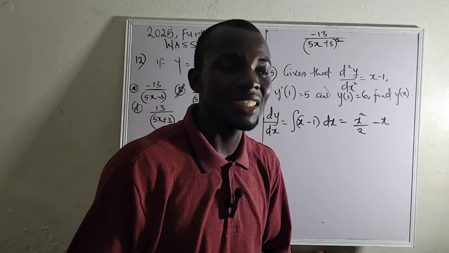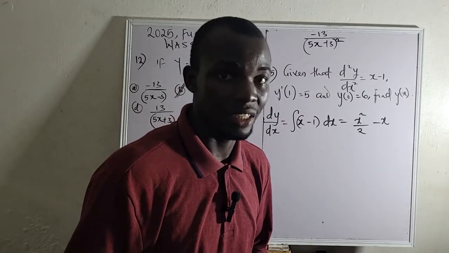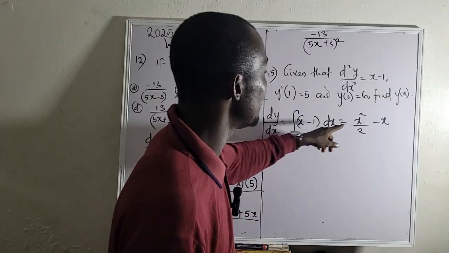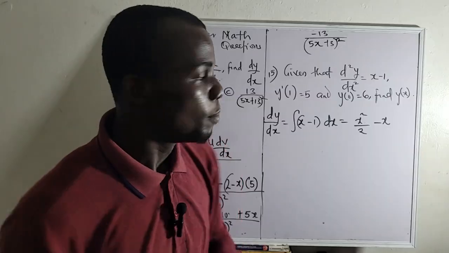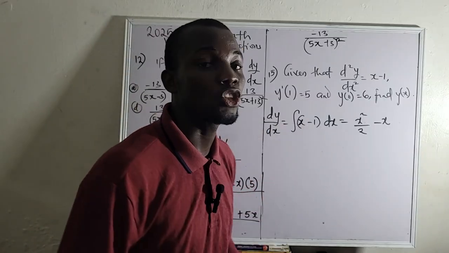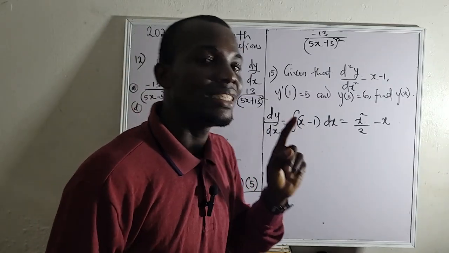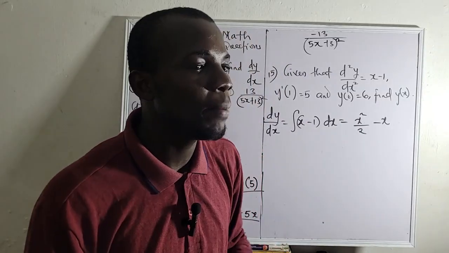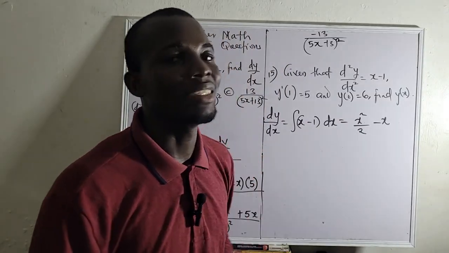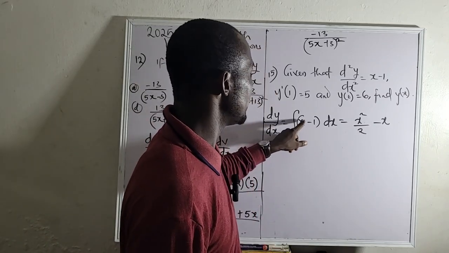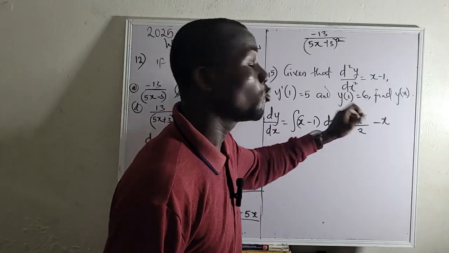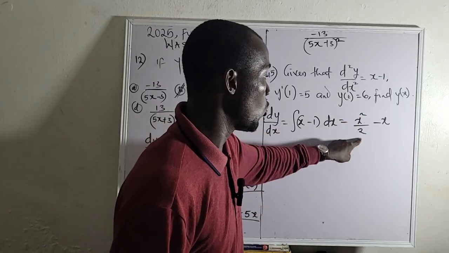Integration is the reverse, the antiderivative. In differentiation we were subtracting 1 from the power, but here for every power of x you are adding 1 to it, and in differentiation we're multiplying by that power, but here we are dividing by the new power. So this is x raised to power 1, if you add 1 to it, you get 2, and then over 2.